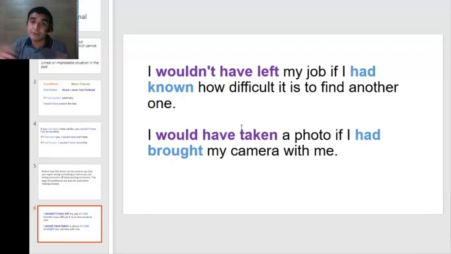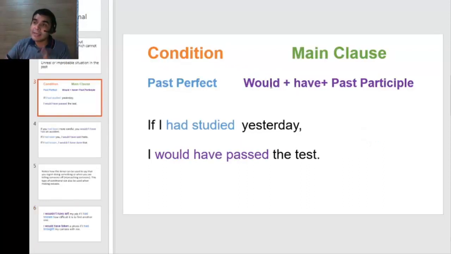Basically, this is a regret, right? I would have taken a photo, right? Again, the result at the beginning, I would have taken, but I didn't, if I had brought my camera with me. Had plus past participle in the if clause. So we are talking about unreal situations in the past. Again, condition, past perfect, had plus past participle, and the main clause would plus have plus past participle.